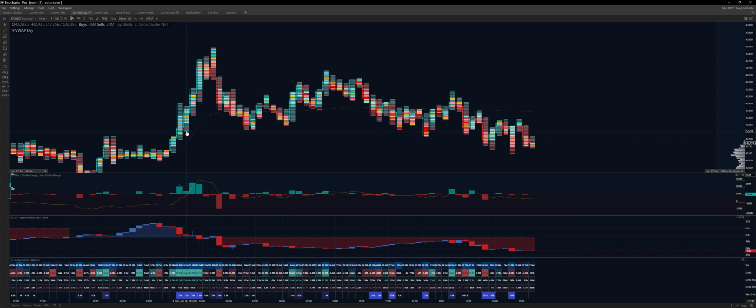You cannot see limits here. Now, if the delta of any candle is positive, so green in that case, this means that there have been more market buyers than market sellers. Also, the other way around, if there is a red delta for any candle, like this one here for example, there have been more market sellers than market buyers.